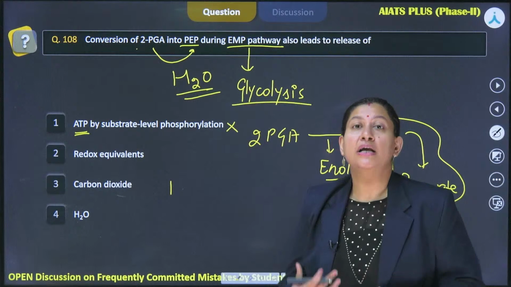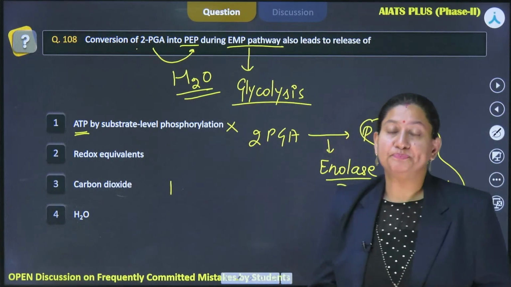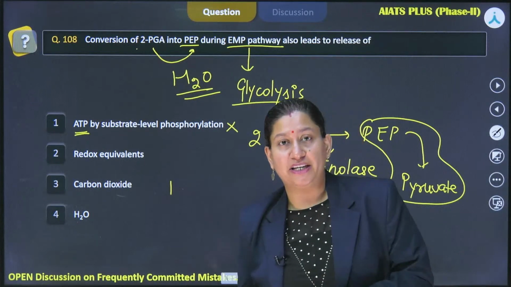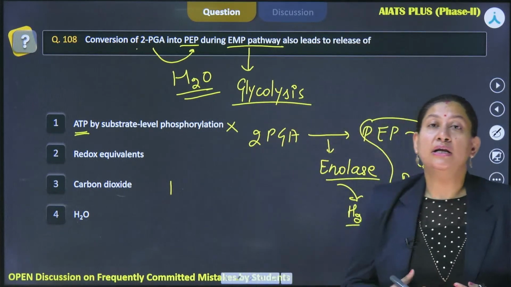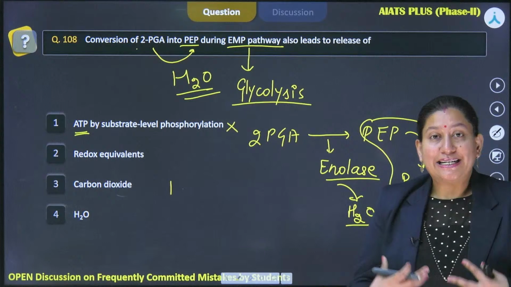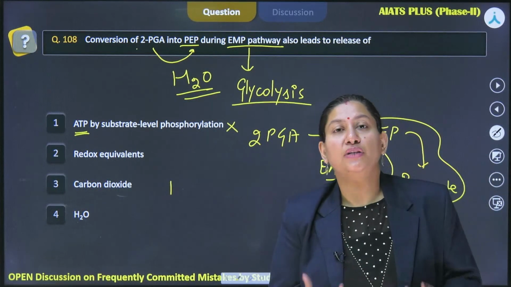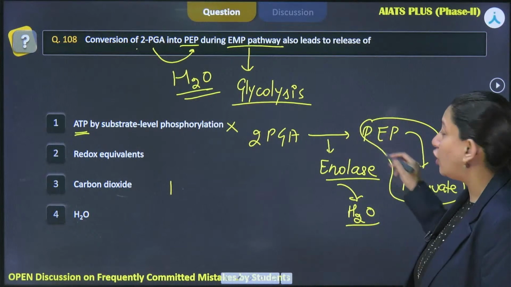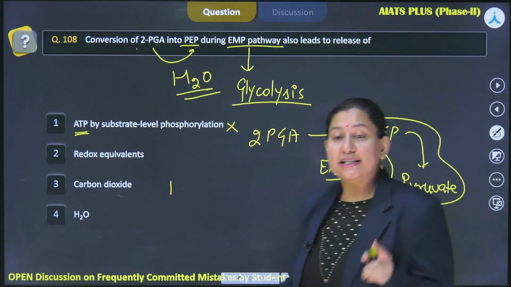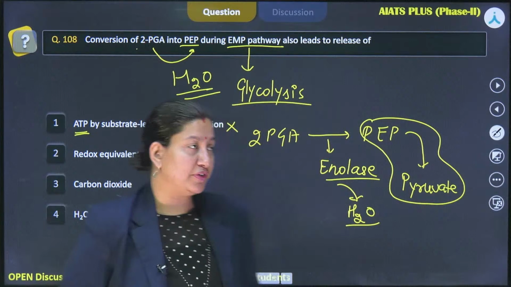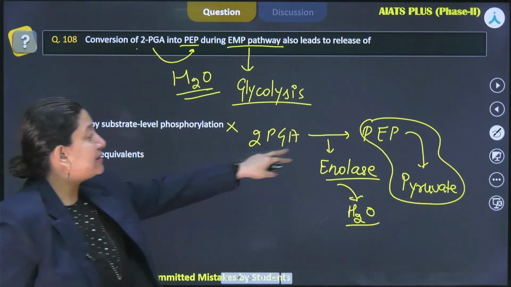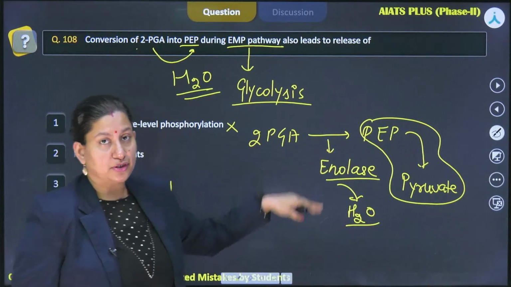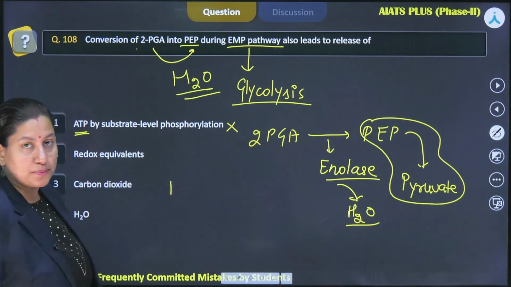Because over here the substrate PEP is going to donate its phosphate to ADP so that ATP can be formed. So a substrate is directly donating the phosphate to the ADP molecule for the production of ATP. That is the reason why we call this reaction a substrate level phosphorylation reaction, right? But that's the next reaction, not this one. The question is about this particular equation. So this is an incorrect option.